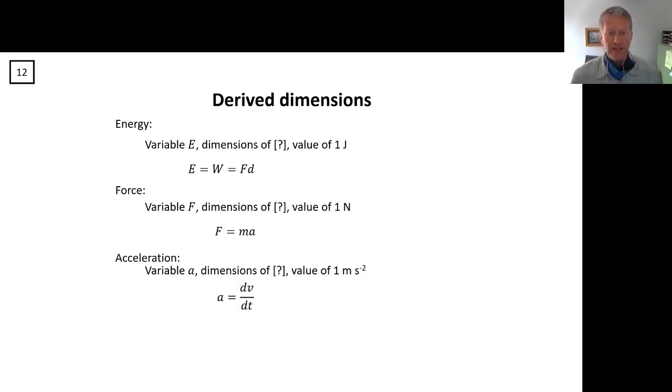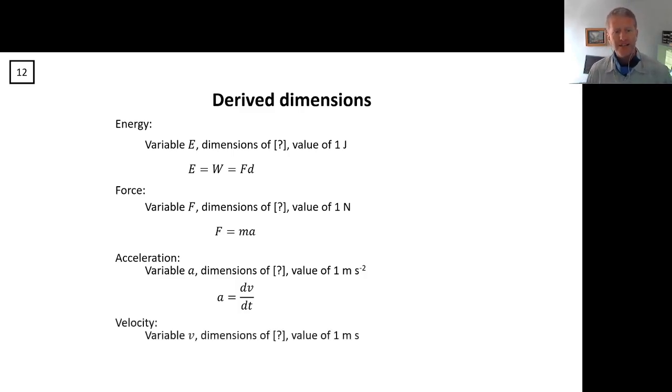So this is a regular differential equation, but the dimensionality of the algebra works just the same. You can just ignore those d's and not really worry about the fact this is a differential equation. You can plug in the relevant dimensions in order to derive the dimensionality of acceleration. So that means we can take the dimensions of velocity and divide them by the dimensions of time in order to come up with the dimensions of acceleration.